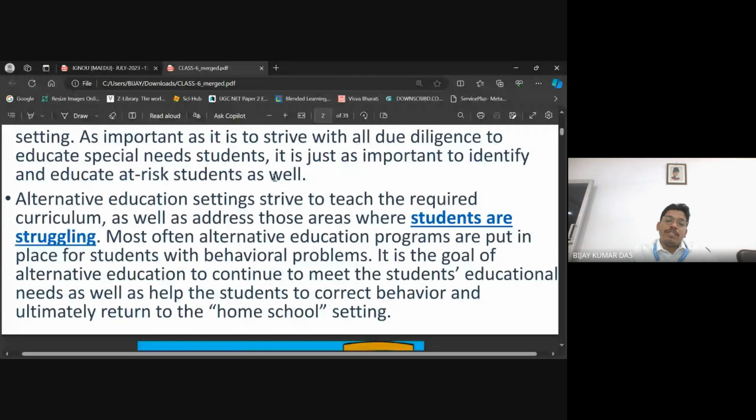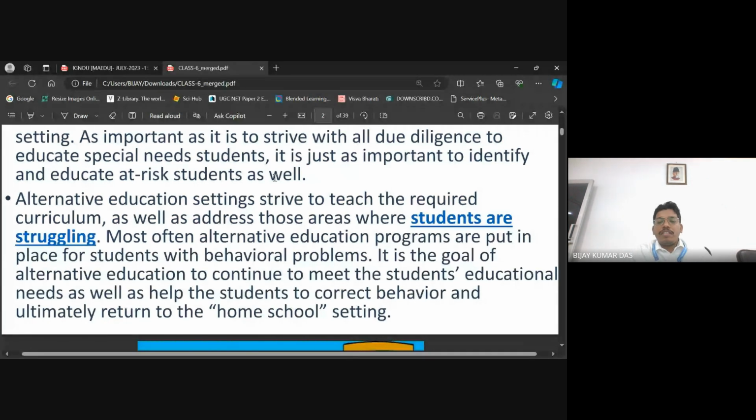When the students are facing issues, they are struggling. So, good education means to address those issues, to solve the problems, to minimize the gap between the normal and the abnormal persons, or you may say the normal and the Divyang individuals.